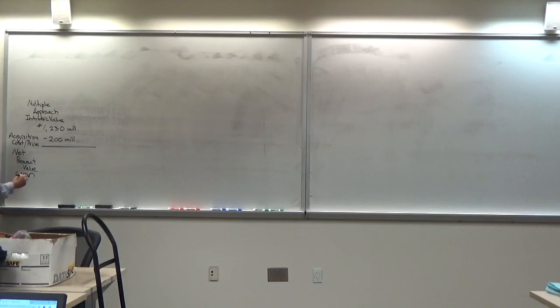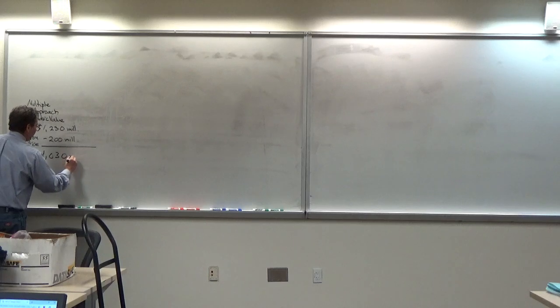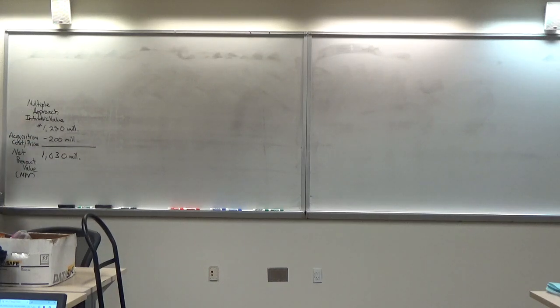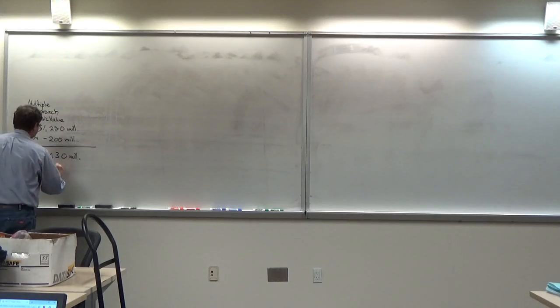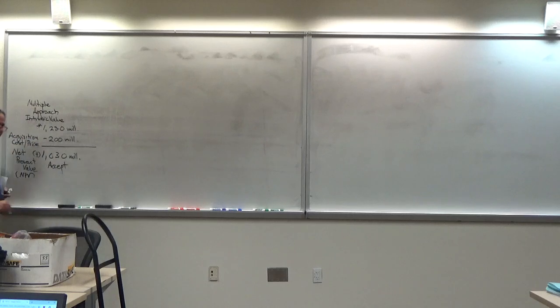What is it? 1,030 million. Is it positive or negative? Positive. Do we accept or reject it? Got it. Now that was pretty easy. That was shooting ducks, basically.